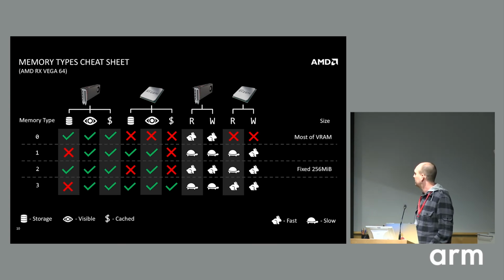We have the same concept for these 3 columns. I need to be very careful with rows and columns, I'm realizing. In these 3 columns, it's in host memory, it's host visible, and it's host cached. The next 2 columns are the operations that you would do on that memory, so read or write.